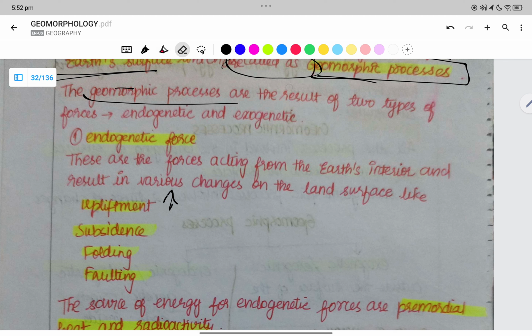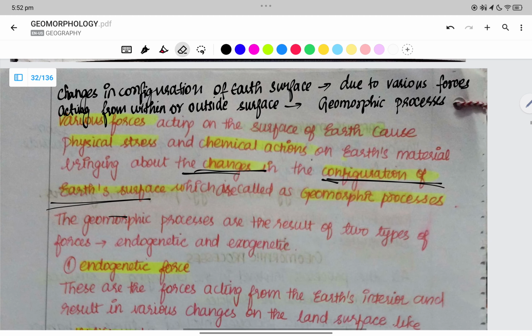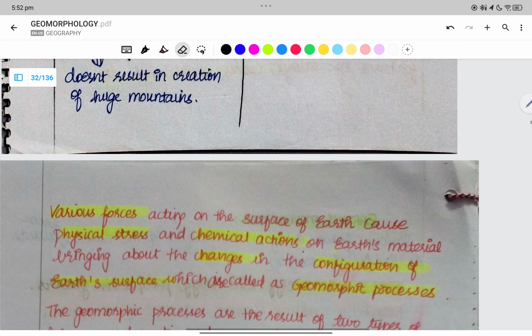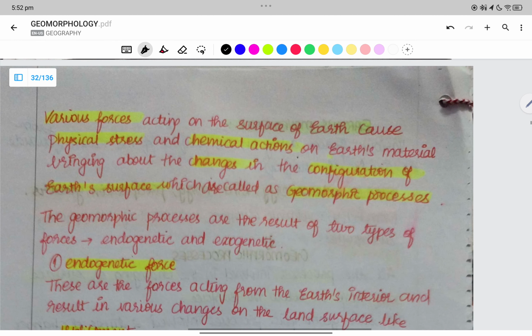Now let us revise from the first till the endogenetic forces. Various forces are acting on the surface of the earth.